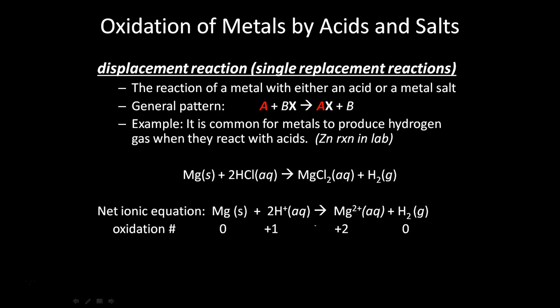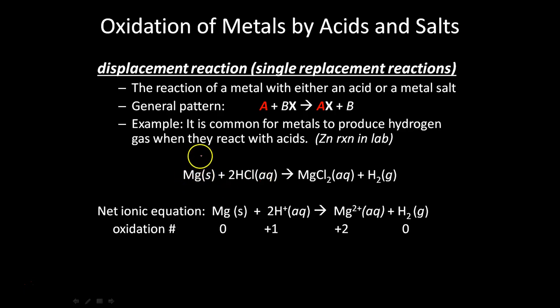One last thing that's important to know is being able to recognize what happens when you throw a metal into an acid. So if a reaction occurs with a metal and an acid, you'll end up getting the salt of that metal, so a metal with the anion from the acid combining with the metal as a cation.